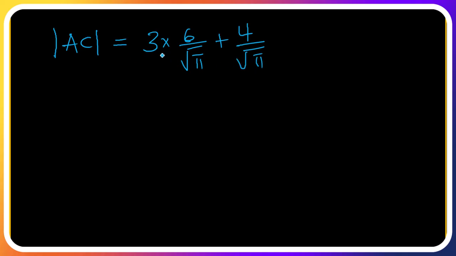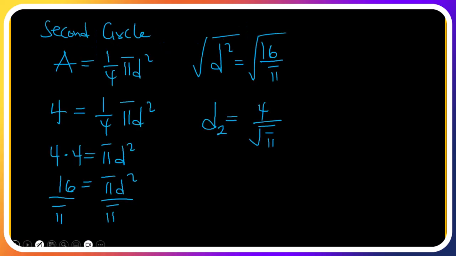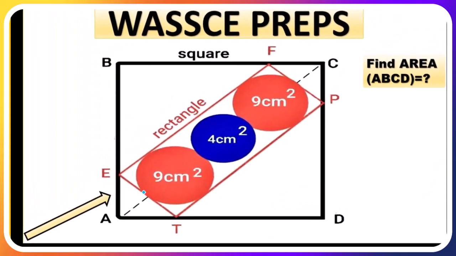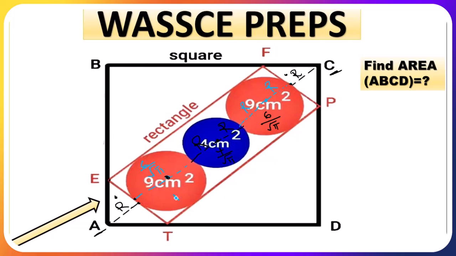So 3, because we have 3 of the circles, each with an area of 9 centimeters squared. We have the first one, the second one, and then the third one is the space occupied from this point to this point as half of this, and then the same space occupied as half of this, which forms another area that makes it 3.